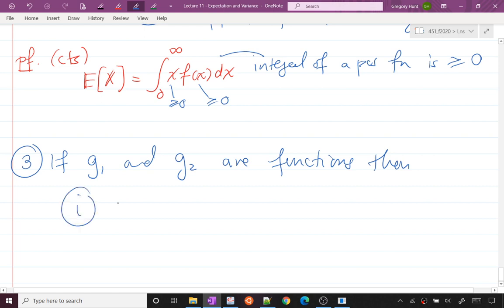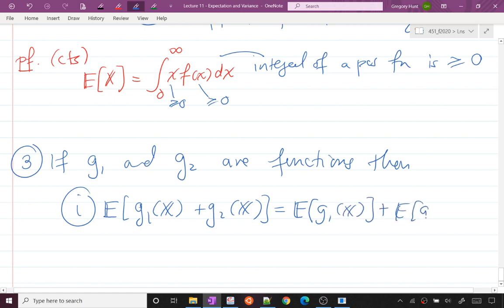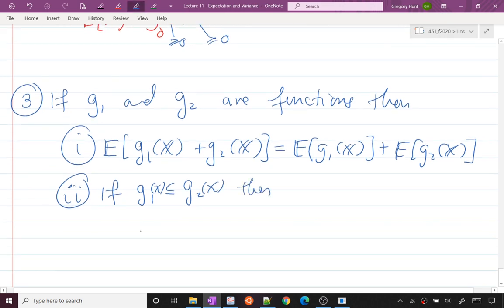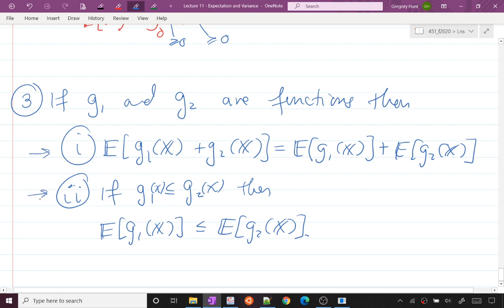Part 1 is that the expected value of g1(X) plus g2(X) is the expected value of g1(X) plus the expected value of g2(X). And part 2: if g1 is less than or equal to g2 for any little x, so the functions are bounded in that way by each other, then the expectations are also bounded in a similar way. These two parts are kind of unrelated, but they're just general facts. So they have a similar flavor as the previous.